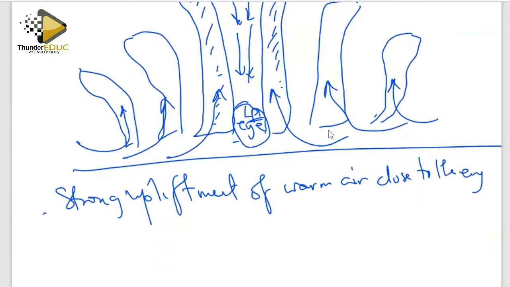If we check, there are very strong winds. The winds are strongest here, and they get weaker as we move out of the system, because the winds are circulating in a clockwise direction around the eye of the weather system. There is strong vertical upliftment here around this area B.